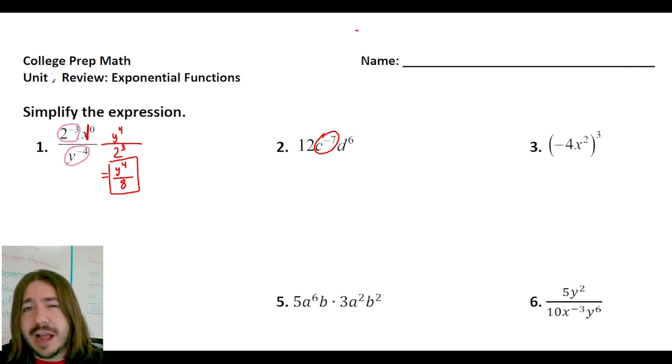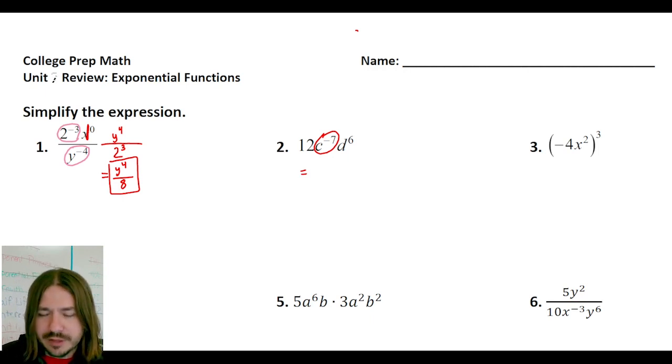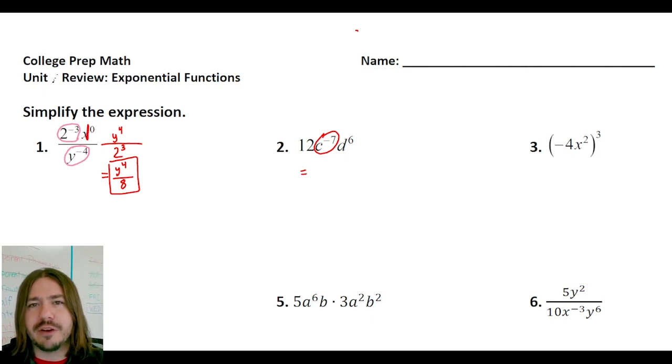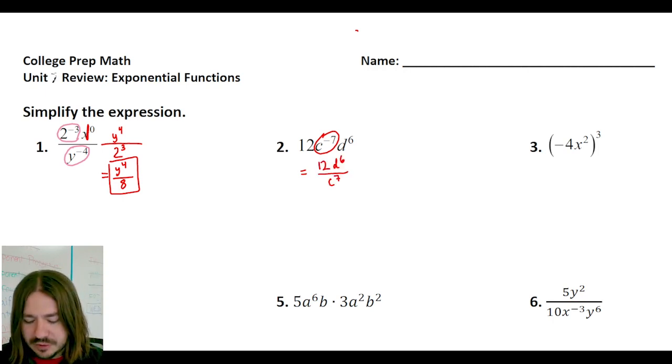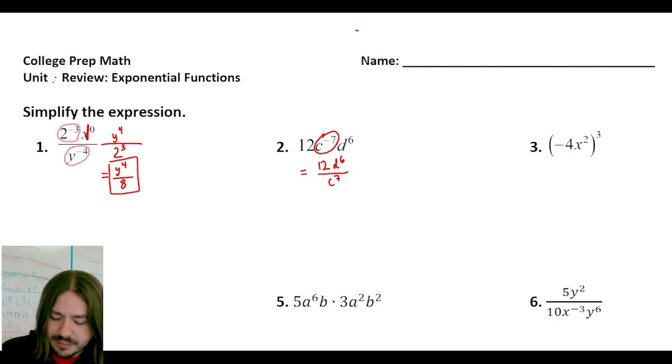Now we don't see a fraction here, so when I say move it to the other side of the fraction, you might be wondering where it is supposed to go. But really, anything that doesn't have a fraction up front can be written as itself over 1. And so we're just going to put the c to the 7th in the denominator. We're essentially making ourselves a fraction here. So this should be 12d to the 6th over c to the 7th power.